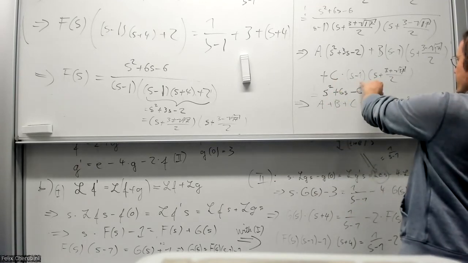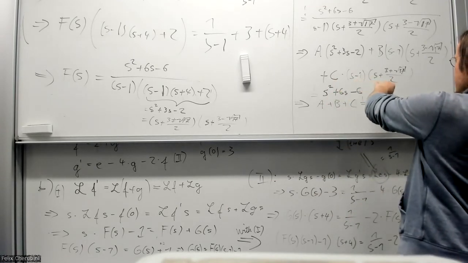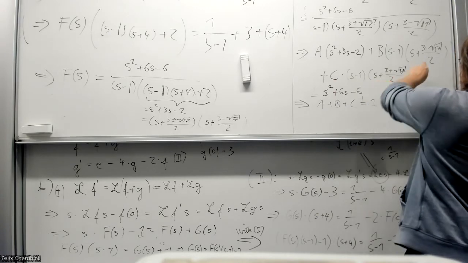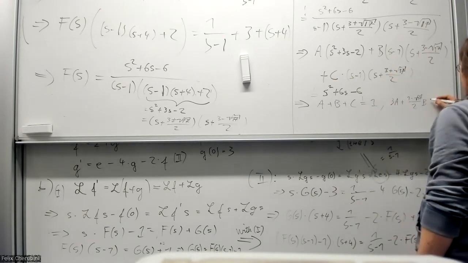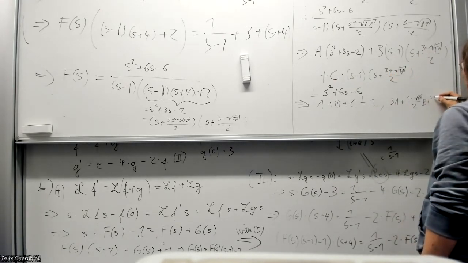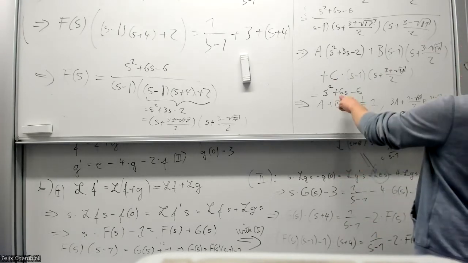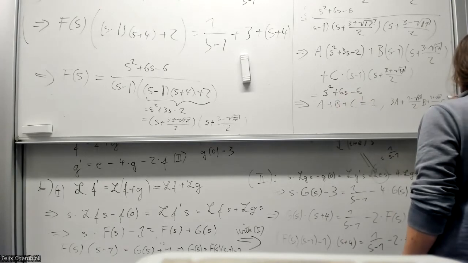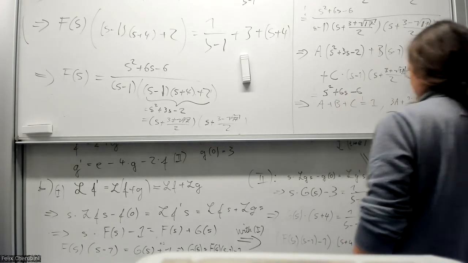And here we have minus s. Oh wait, it's the same, yeah, right. So we have 1 plus square root 17 over 2 times c, and here it's a 6. So this should be 6.